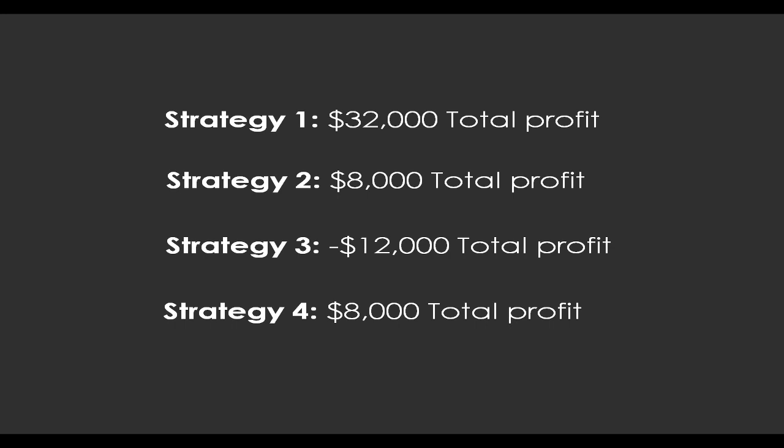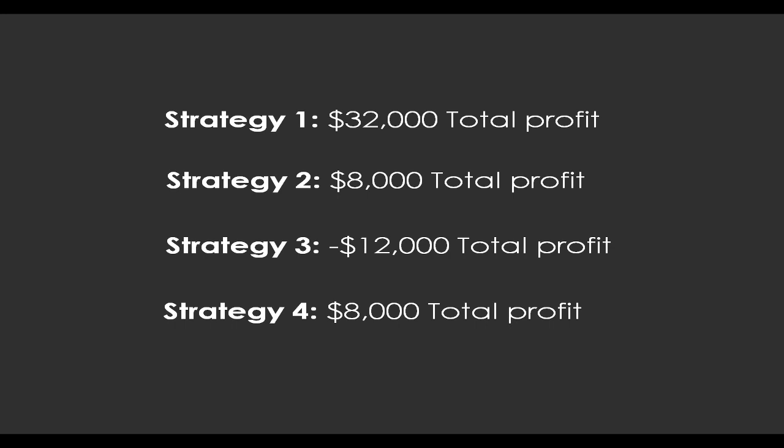Strategy 2 did. Now assume strategy 2 had the same frequency as strategy 1, right? That strategy 2 actually produced 800 trades per year instead of only 100. Well, then definitely strategy 2 would be the best. It's going to make you $64,000.